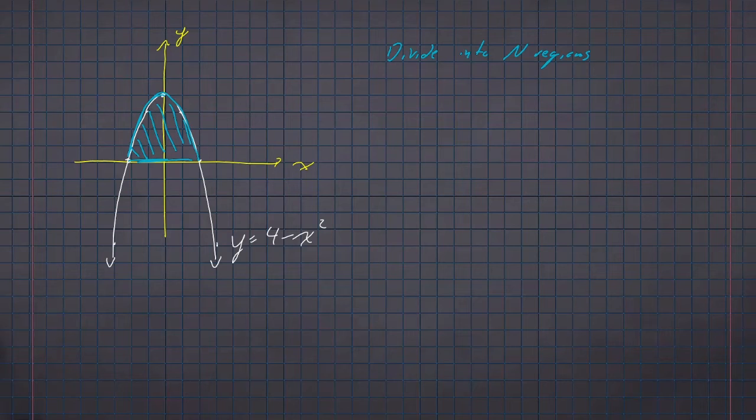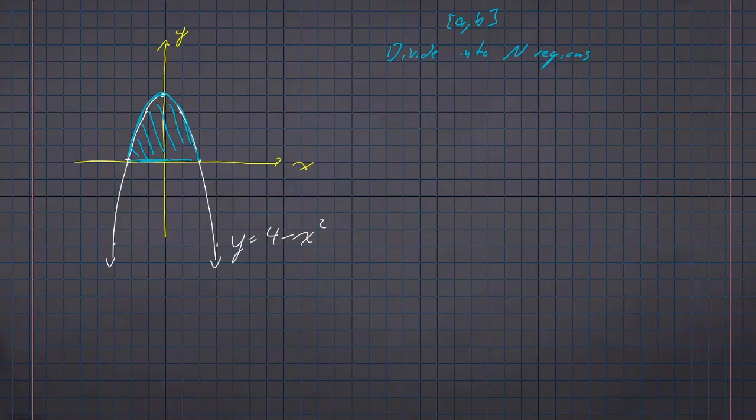Our goal is to, again, divide into n regions, only this time, instead of just talking about something in an arbitrary sense, we're talking about a specific part of the x-axis. So we want to divide the interval from a to b into n regions.